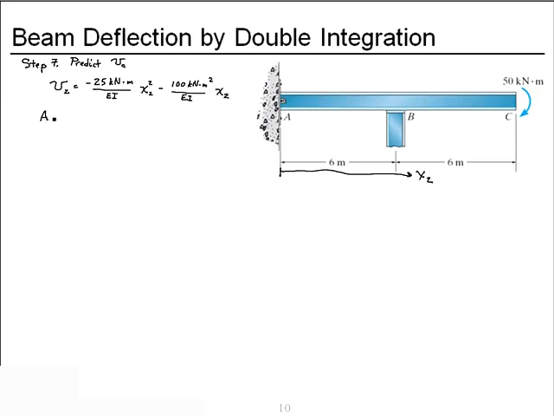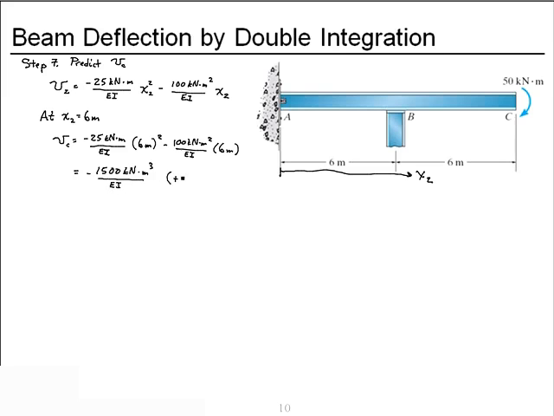So for the vertical deflection at C, we're talking about at x2 equals 6 meters. The vertical deflection at C is a minus 25 kilonewton meter over EI times 6 meters squared minus 100 kilonewton meters squared over EI times 6 meters, and we get a negative 1500 kilonewton meter cubed over EI.